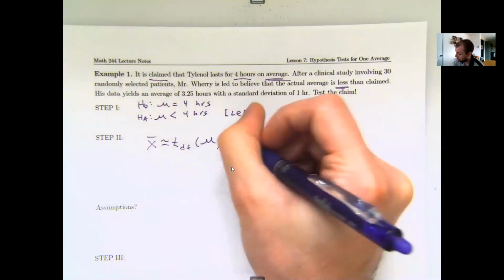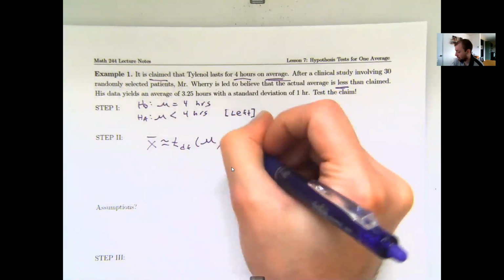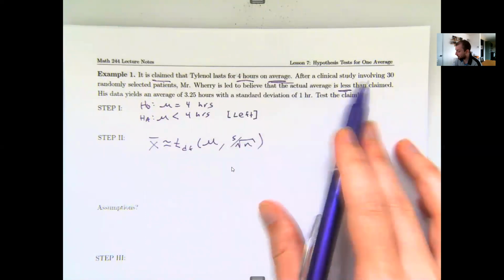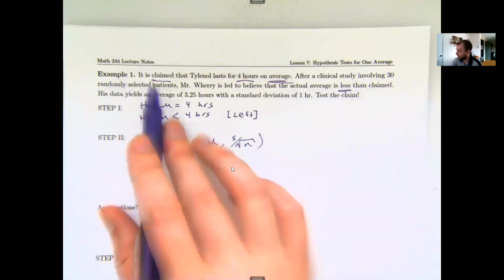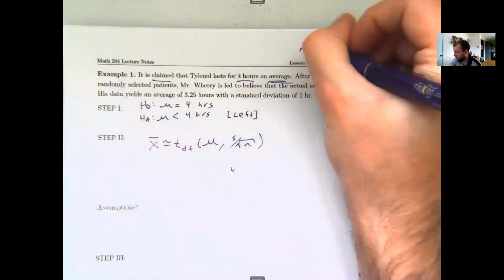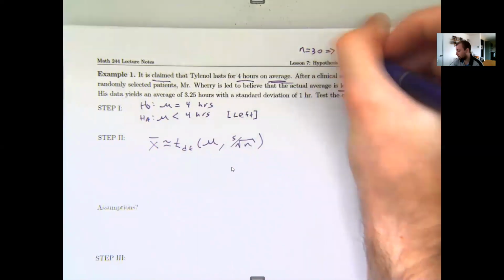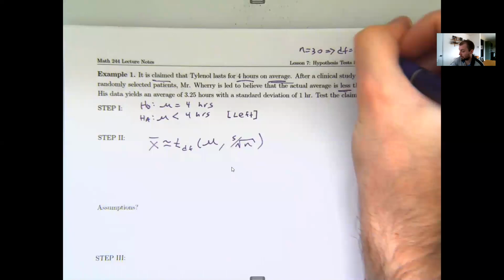mu, and then I have s over the square root of n. Reading through this again, clinical study involving 30 randomly sampled patients. So I have 30 is my N. My DF is one less, so my DF is 29.